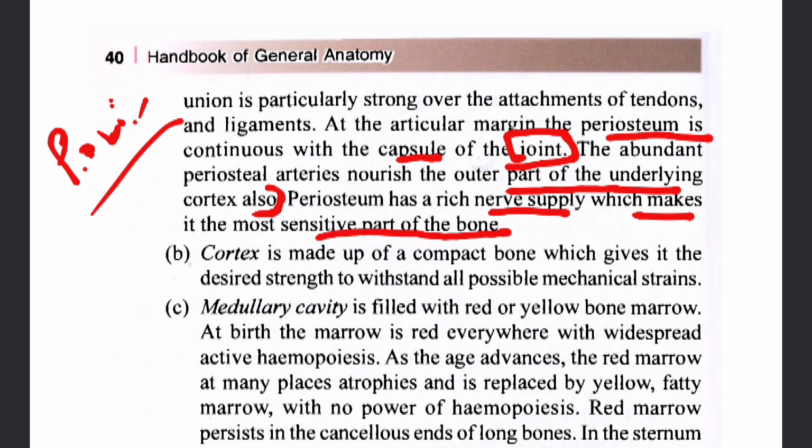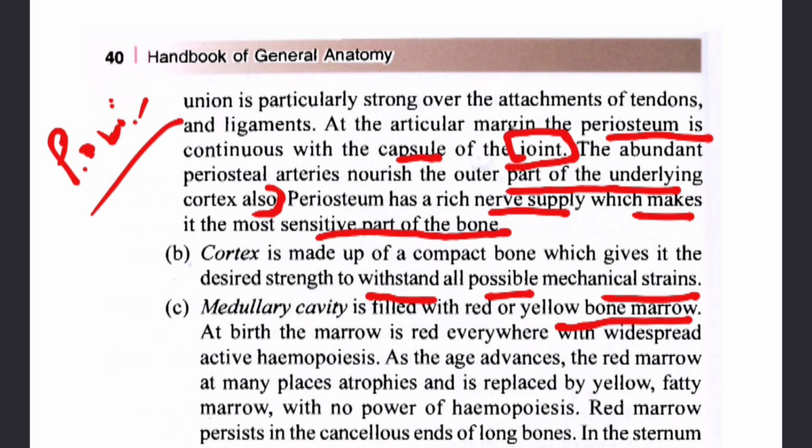Then we talk about the cortex, the second layer inside. Cortex is made up of compact bone, which gives it the desired strength to withstand all possible mechanical strains. Then the medullary cavity. It is filled with red or yellow bone marrow.